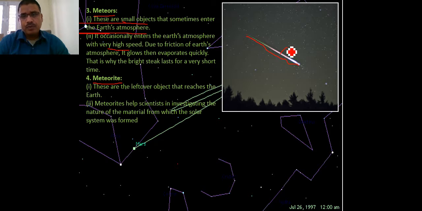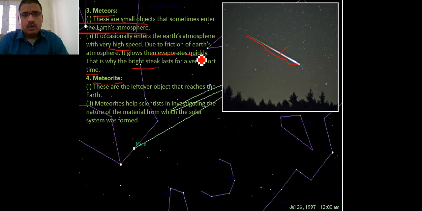That is why the bright streak lasts for a very short period of time. We can observe this bright streak for a very short time, because when it glows it evaporates quickly.